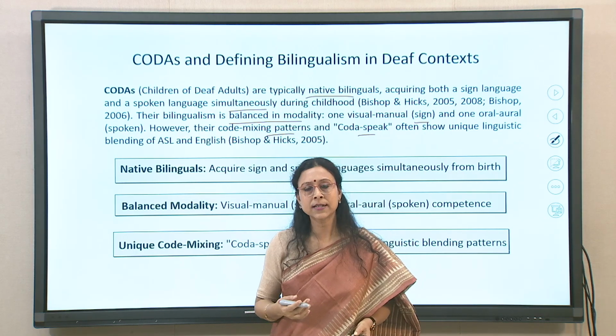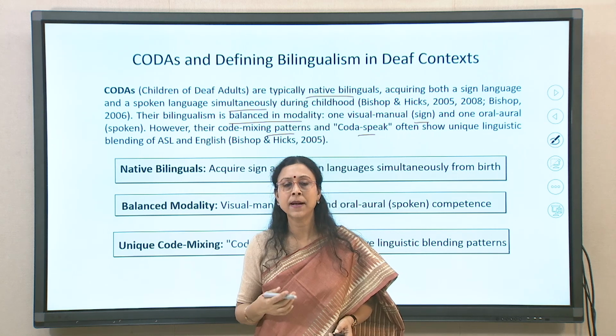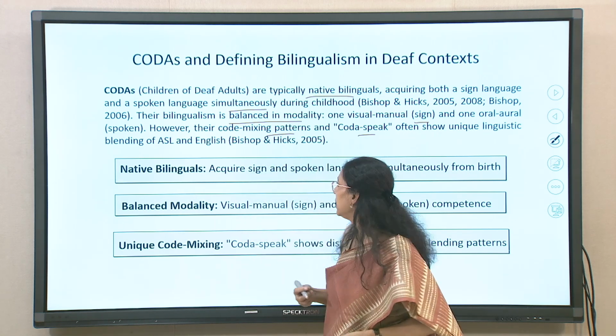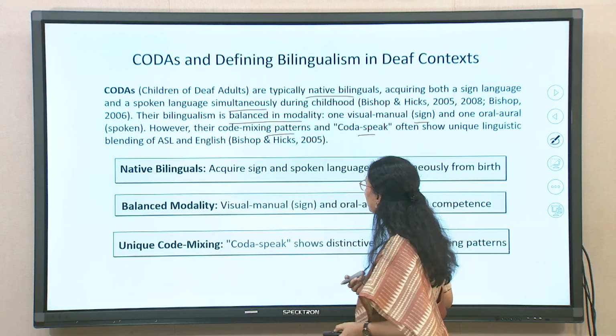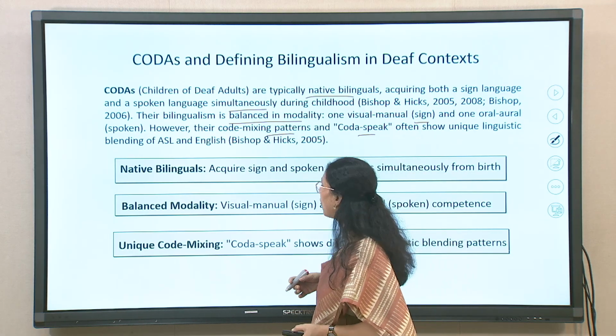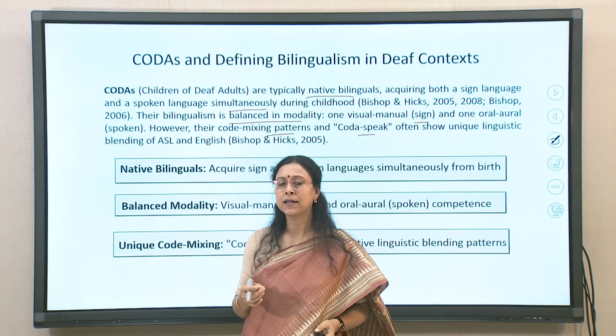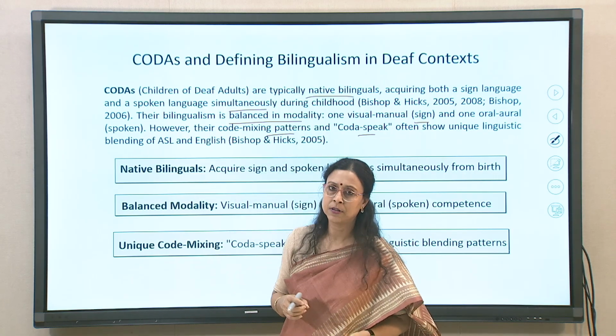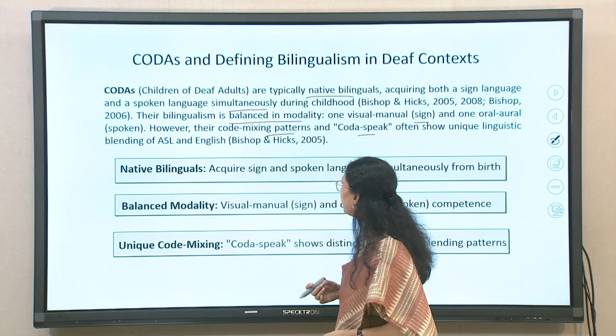And as we all know, simultaneous bilinguals are typically balanced bilinguals, and this is what happens in this case as well. They are balanced in modality as well as proficiency, however, the code mixing pattern is slightly different as compared to spoken language bilinguals.